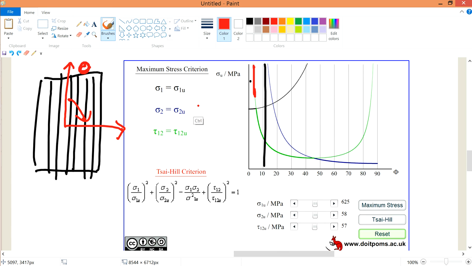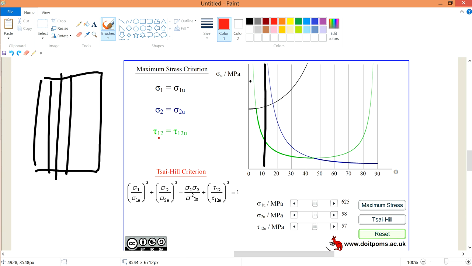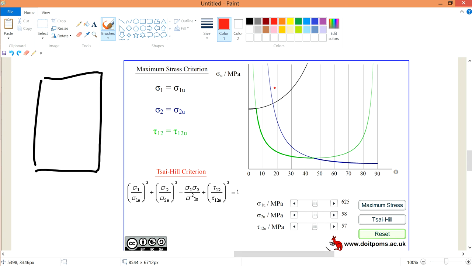I don't want to confuse you, so I shall stop somewhere here. I just need you to know that this is the graph. For the shear one, at a particular angle, 45 is somewhat the weakest. Anyway, this is for the maximum stress criterion only.